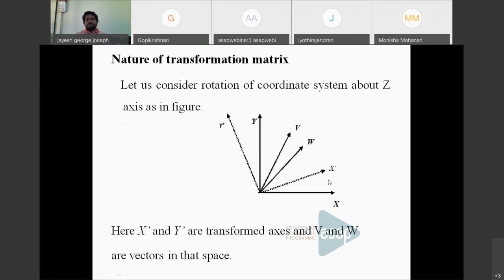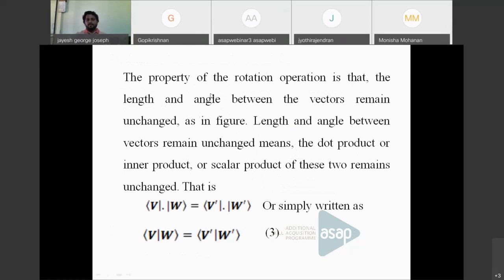If you rotate the coordinates x and y to x prime and y prime, the vector remains there, and the angle between the vectors remains unchanged, as denoted in the figure. Length and angle between vectors remaining unchanged means the dot product, or inner product, or scalar product of these two remains unchanged.